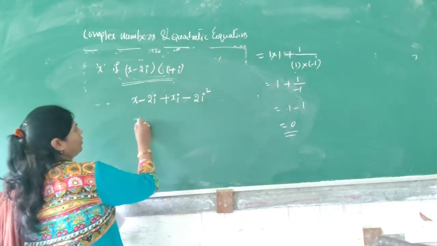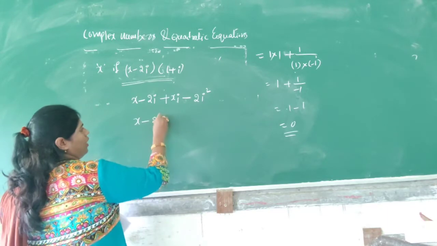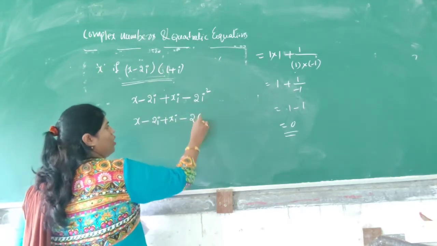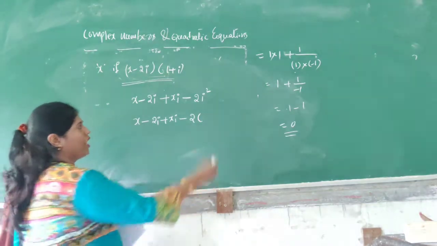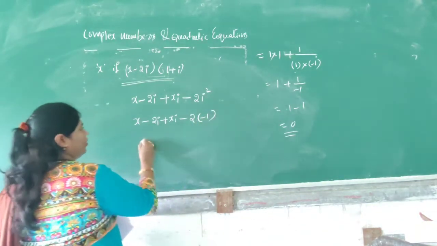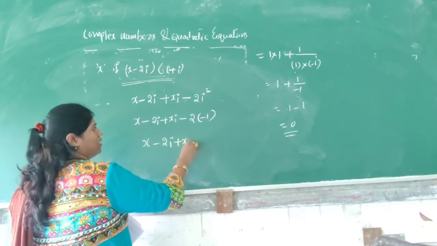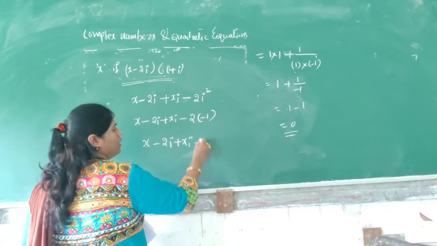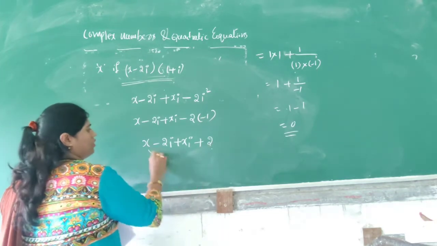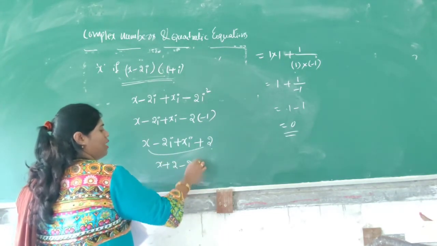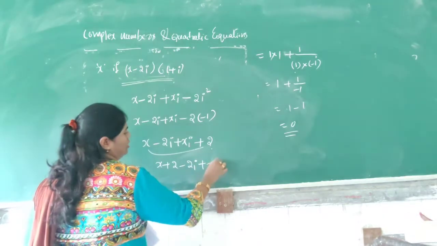So x minus 2i plus xi minus 2i square. What is i square value? i square value is minus 1. So x minus 2i plus xi plus 2. We can write it like this also: x plus 2 minus 2i plus xi.